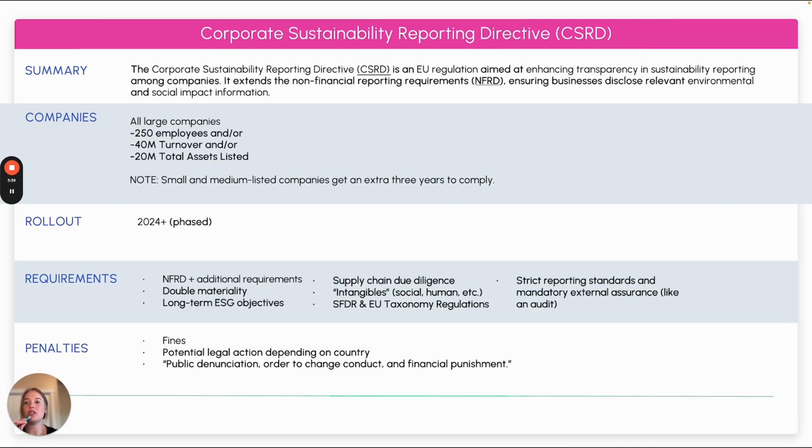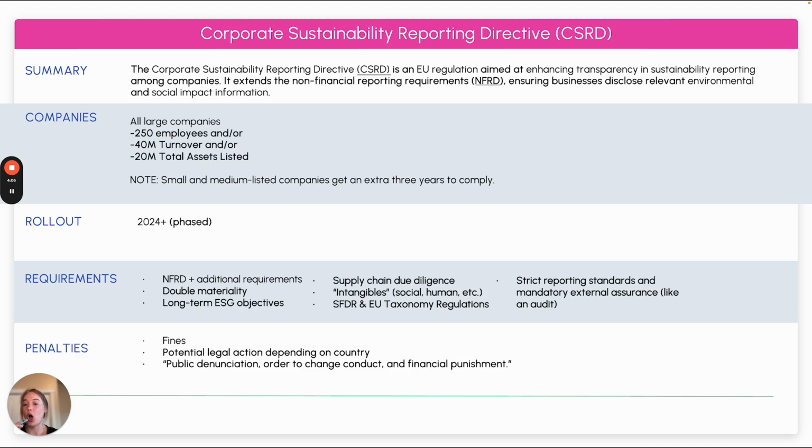The CSRD will extend and ultimately replace the NFRD to ensure that businesses disclose relevant environmental and social impact information. So it kind of builds upon it. We'll talk a little bit more about that when we get to the CSRD versus the NFRD section, but that's just a good note to be aware of. Which companies are in scope?